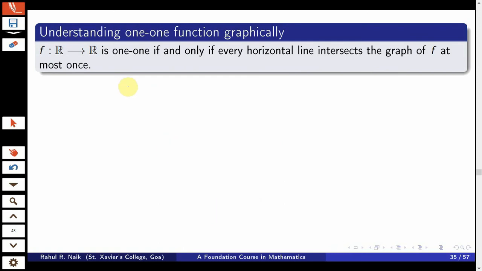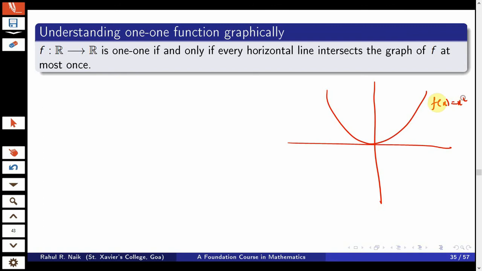Now let's understand the 1-1 function graphically. Given a graph of a function, when can we say that it's the graph of a 1-1 function? That is determined by every horizontal line. Let's take an example of a function which is not 1-1, that is f of x is equal to x square.